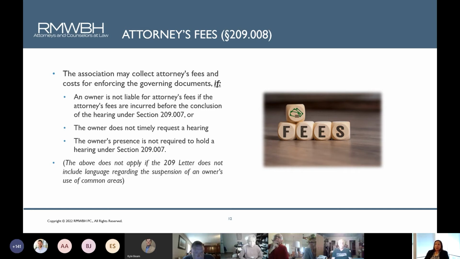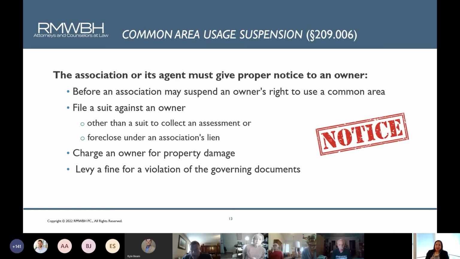And so we're going to talk about what 209.007 means, or if the homeowner does not timely request a hearing, and then obviously the homeowner's presence is not required to hold a hearing under 209.007, which we won't get too much into. But again, this really only applies if the association intends to suspend common area usage in response to non-payment of assessments.